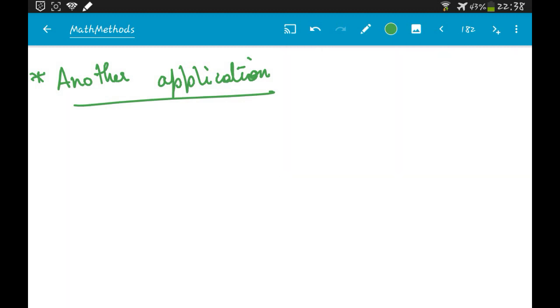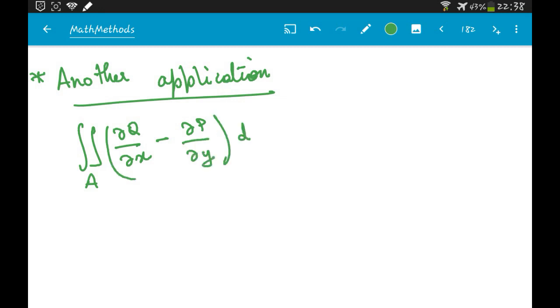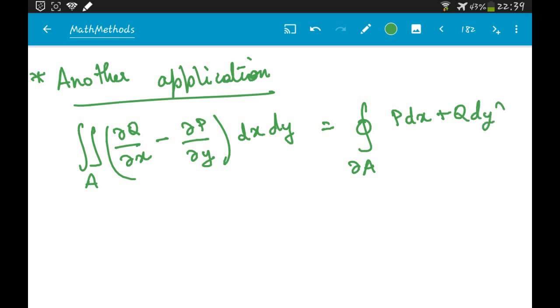Green's theorem is the integral of dou q by dou x minus dou p by dou y dx dy is the integral of p dx plus q dy. So this is our Green's theorem.